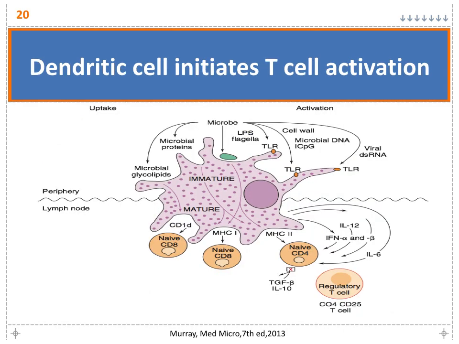The dendritic cell is the important cell that initiates T cell activation. It's a very important cell, and it straddles the divide between innate immunity and adaptive immunity.